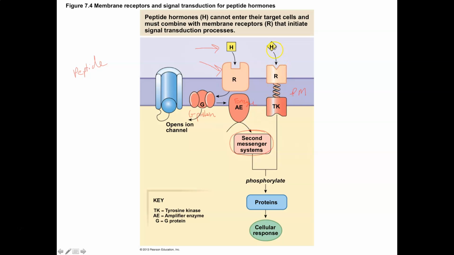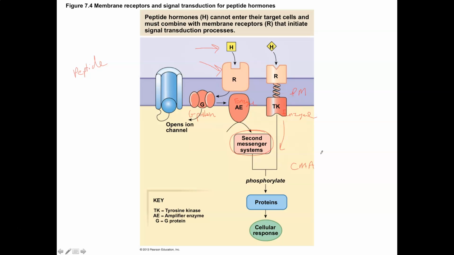In this generalized example, the hormone's binding to a receptor and it's activating an enzyme known as a tyrosine kinase. And again, we can go on to activate proteins within the cell, and we can eventually have what we refer to as the cellular mechanism of action. The cell can respond and actually have an opportunity to do physiological work.